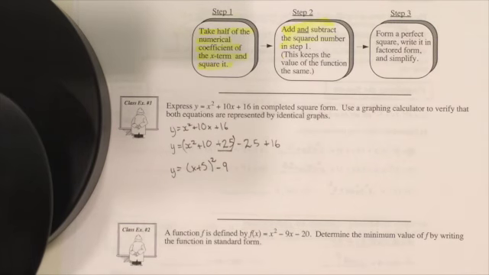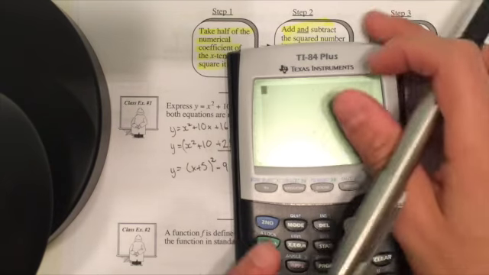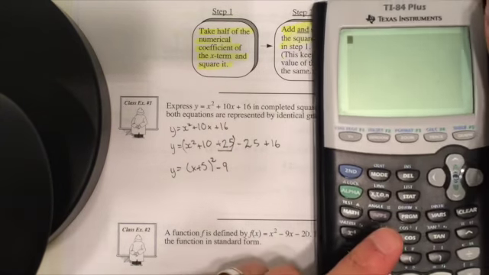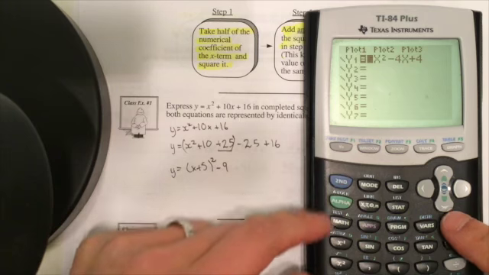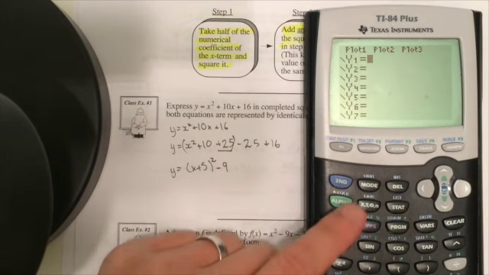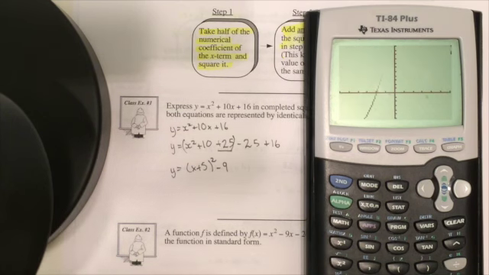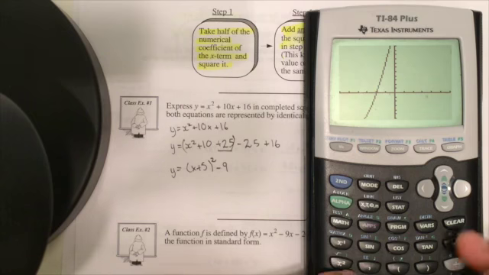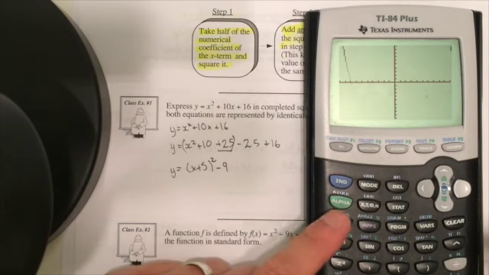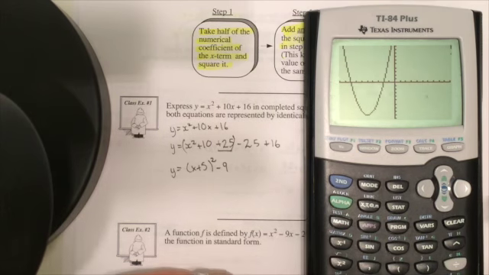Now let's see if these graphs are the same. Okay, so let's see. x squared plus 10x plus 16 graph. And actually let's zoom out of this here. Okay, so there's our graph.